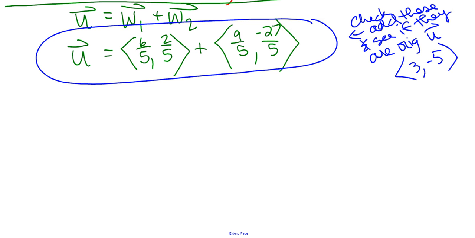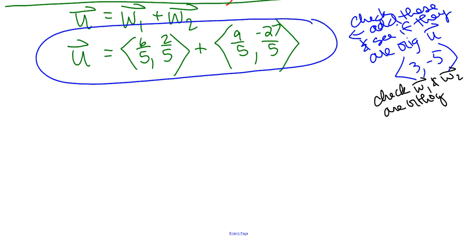And the other way to check is that these are orthogonal vectors, right? So how can I check that they are orthogonal? That W1 and W2 are orthogonal. I can check the dot product to see if it's equal to 0, correct?